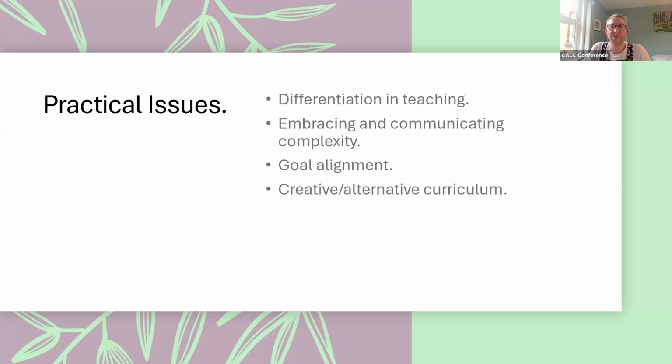So first of all, I would suggest looking at a concept called differentiation in teaching. Now, differentiation has got a bit of a bad reputation in higher education. It's a bit of a dirty word, but it is used a lot in primary and secondary teaching. This means that you look at what students already know and you seek to build on that and expand their knowledge. And that can be on an individual level.